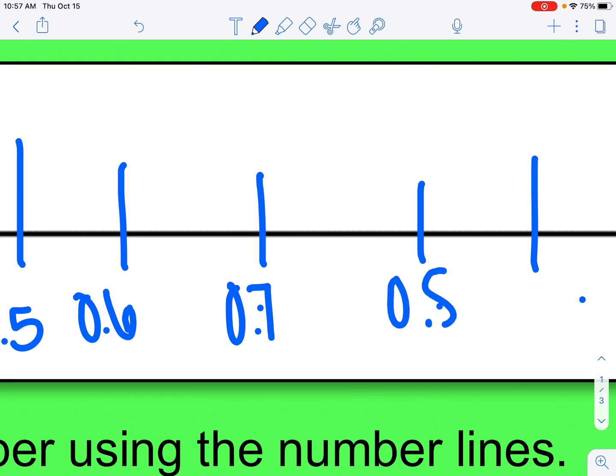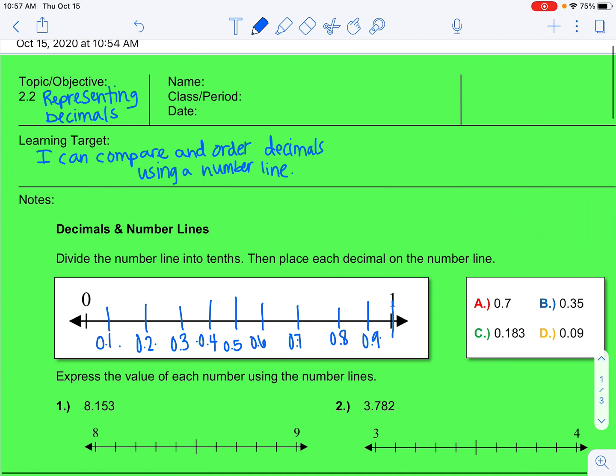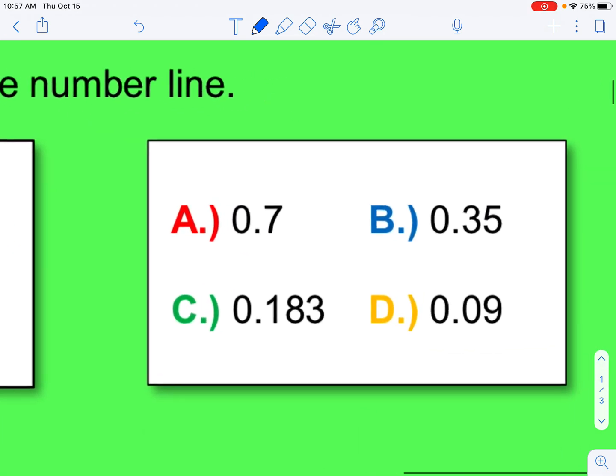Oops. 0 and 8/10 and 9/10. Alright, so I have my number line split up into tenths. I hope yours is split into tenths as well. Just remember that you can always pause the video and keep working on making your number line and then come back when you're ready to start the next section.